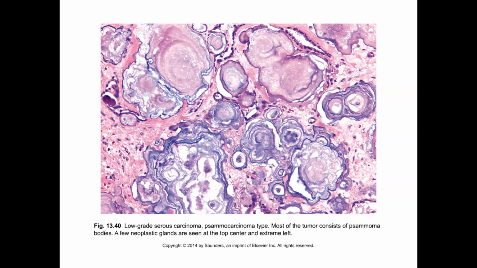Psammoma carcinoma can be one of the presentations of low-grade serous carcinoma. As we see here, there's a very dominant presence of psammoma bodies with this lamellated calcification, and only very rarely identifiable areas of epithelium.